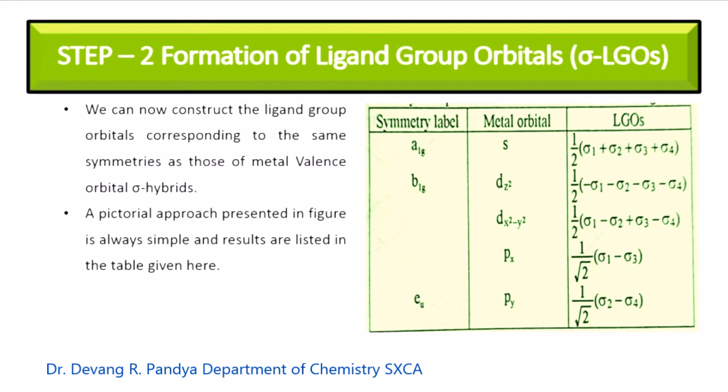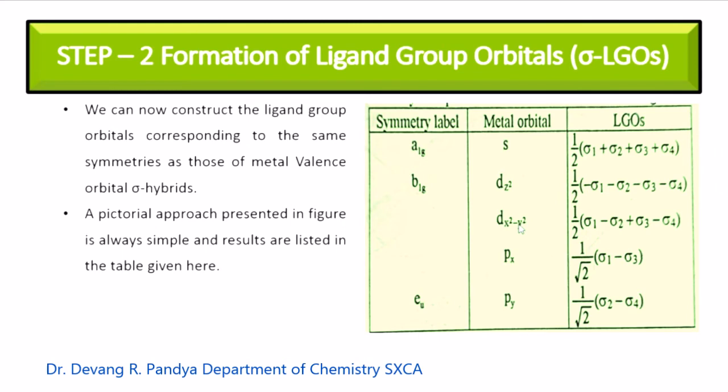Its ligand group orbital is formed as half (minus sigma 1, minus sigma 2, minus sigma 3, minus sigma 4), because all the interaction is with the minus lobe of the dz square, that is our ring structure, and that is how we get this kind of BMO.